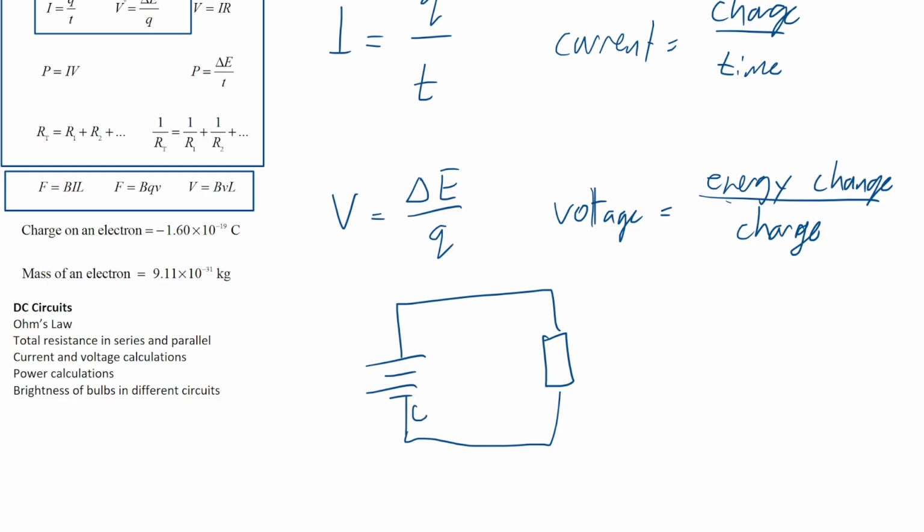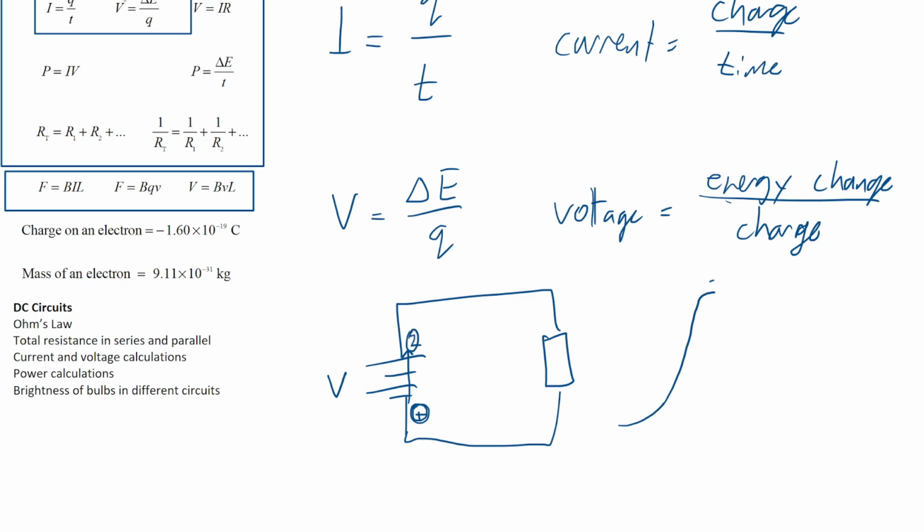If you are a small packet of charge here, let's say your positive charge, at the bottom, at the negative terminal, you have no energy, right? You're at the bottom of the hill. As you go through the battery, there is a voltage across it, and you as a charge gain energy, right? You get taken to the top of the hill.